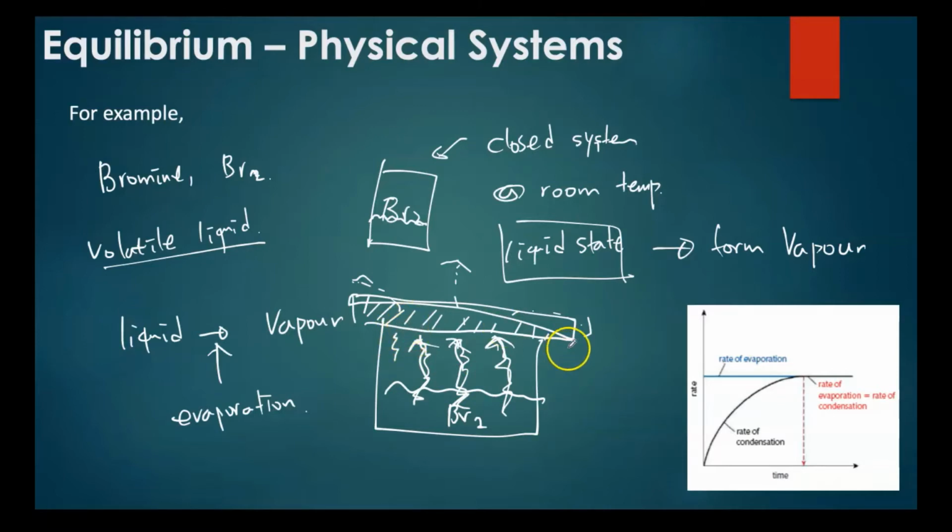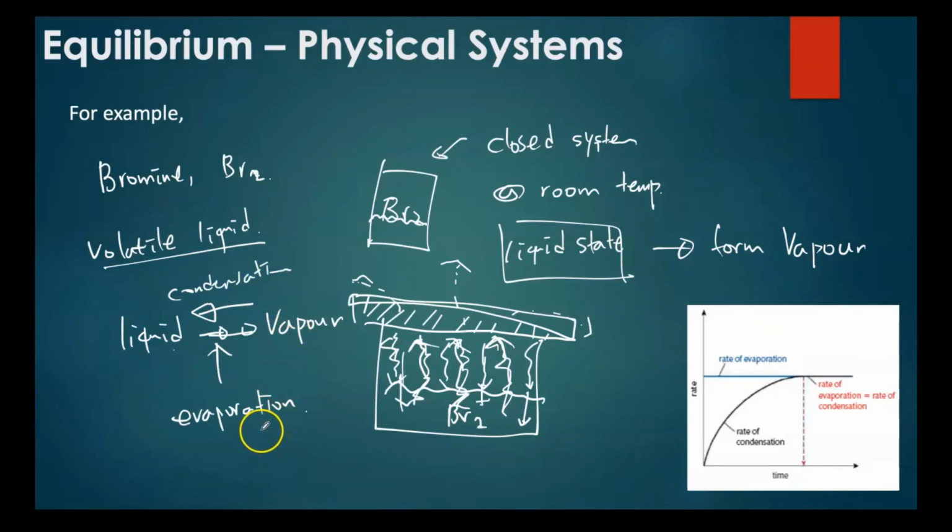They have no space to escape, so they go back down, and when they collide with the surface of the liquid, they lose energy because they give energy to the liquid. So the vapor comes back to the liquid state, and this process we call condensation.